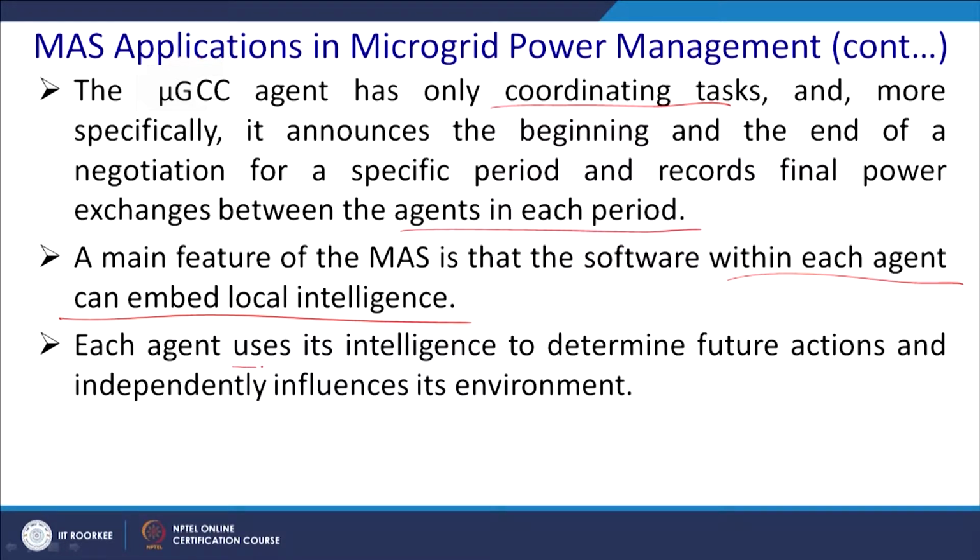Each agent uses intelligence to determine the future actions and independently influence the total environment. So, say it is a critical load. If it finds that generation is more, then it may actually start the pending work which had been postponed because the tariff was high. So, this is something it can intelligently do, you need not bother.